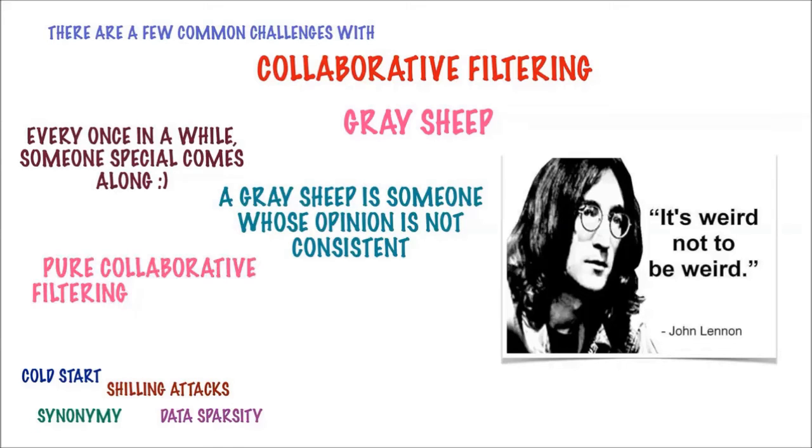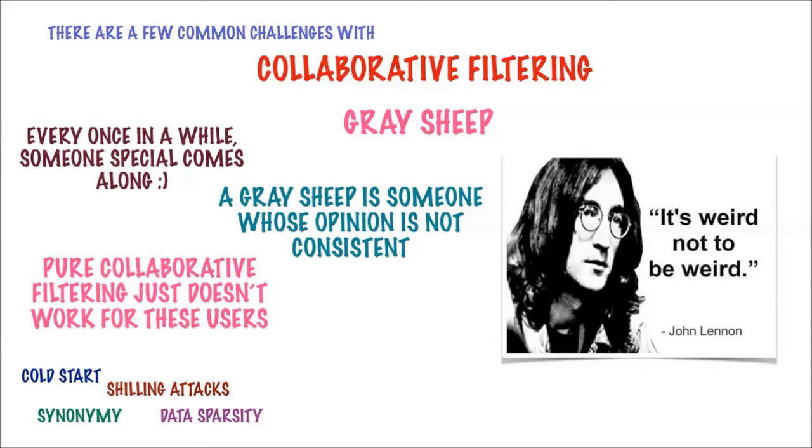Collaborative filtering relies on this idea that if two users have the same opinion about one thing, they might have a similar opinion about other things as well. But gray sheep are just people who don't have consistent opinions. So they might think that Star Wars 1 is really good, and so might another user. But if that other user thinks Star Wars 2 is also really good, this person might not agree.